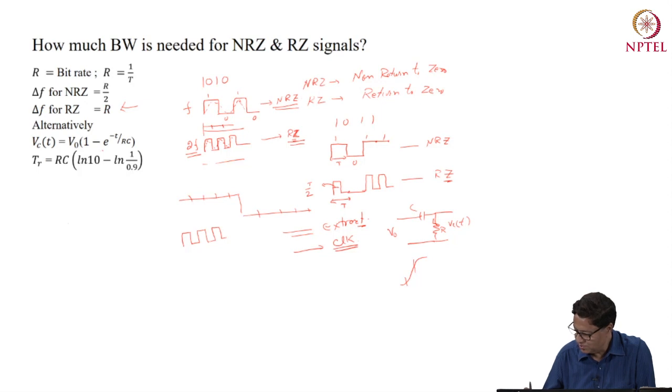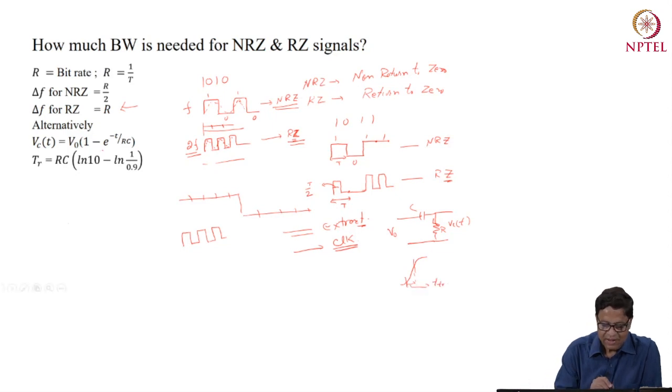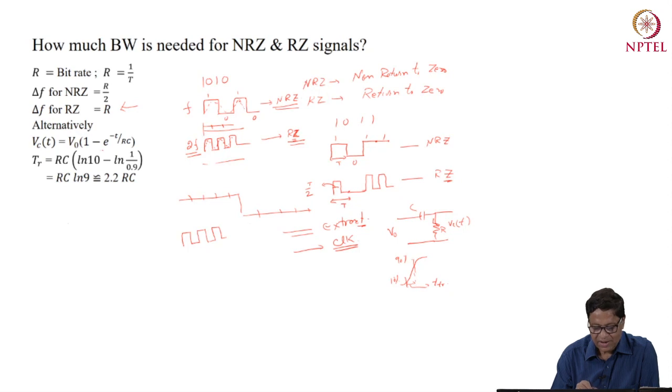This is called the transit time, TTR, and the degradation in the rise time can be found out by RC ln 10 minus ln 1 by 9, and then you do some simplification. So this is equivalent to 2.2 RC.